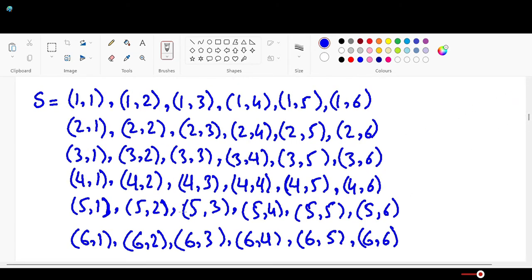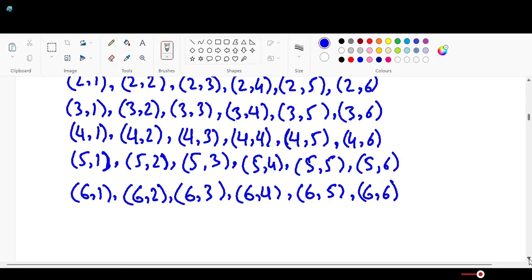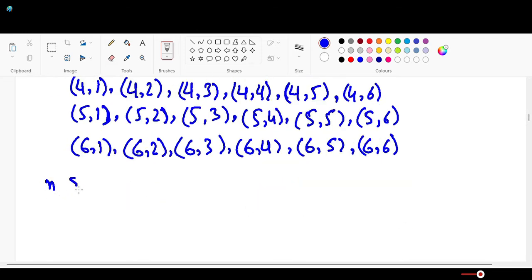So these are 36 possibilities, because if you count to the right 1, 2, 3, 4, 5, 6, and if you count down 1, 2, 3, 4, 5, 6, we get 36 possibilities. That means the number of elements in the sample space is 36.